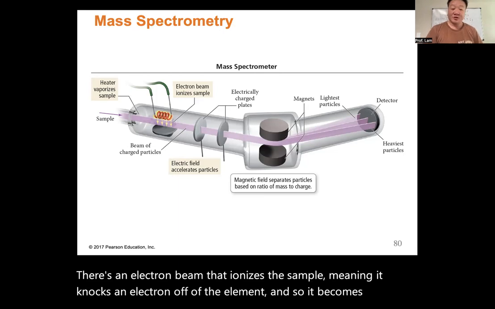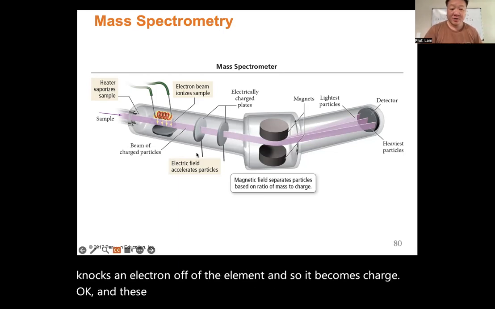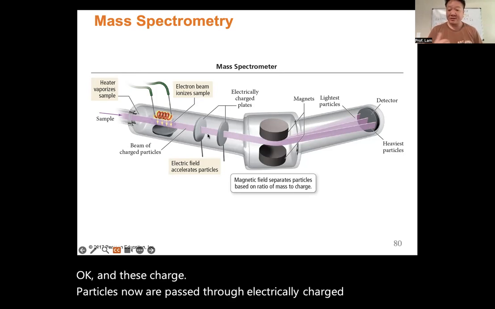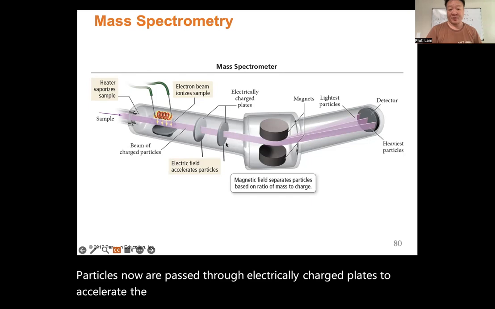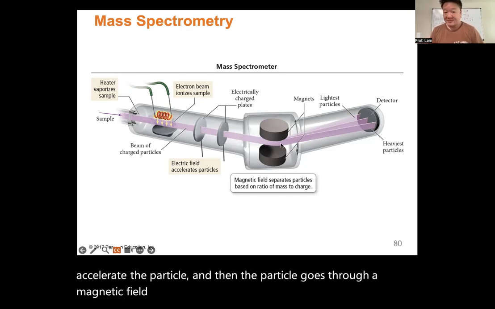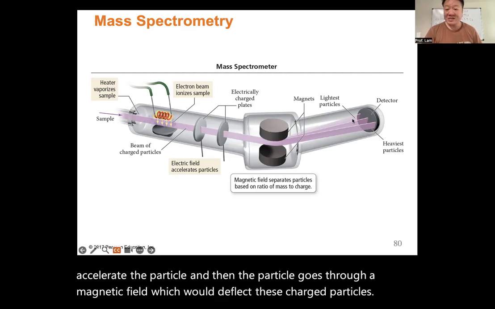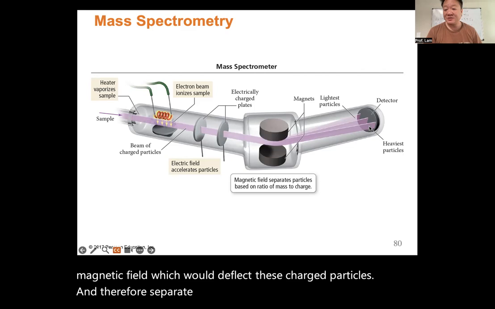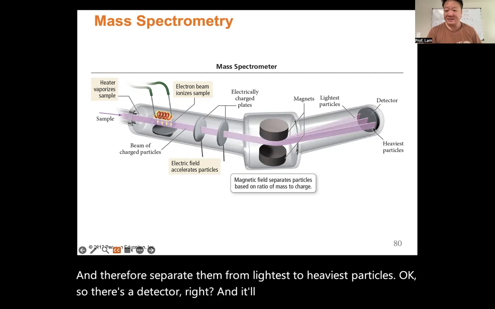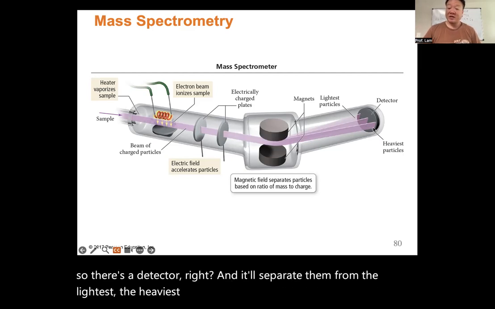These charged particles are then passed through electrically charged plates to accelerate them. Then the particles go through a magnetic field, which deflects them and separates them from lightest to heaviest. There's a detector, and it can also detect how much is there.